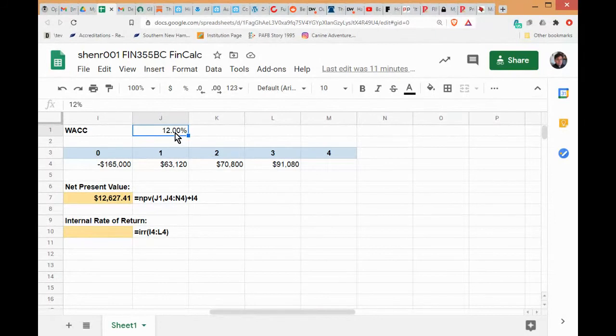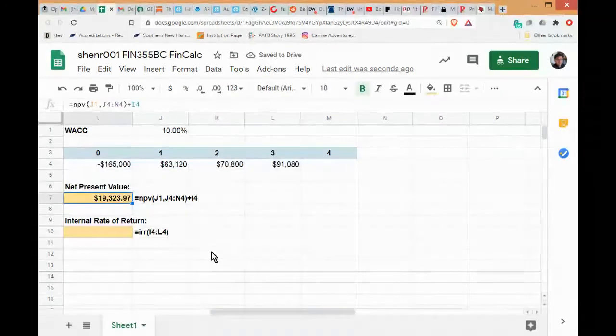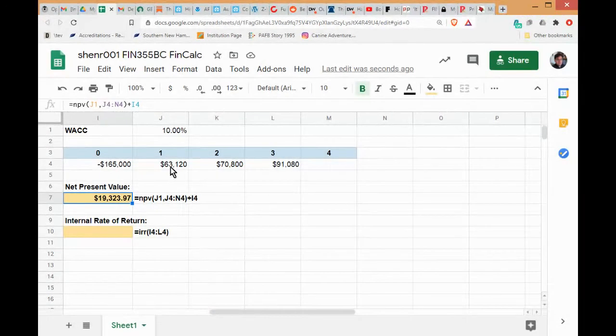If we change this discount rate to, say, 10%, probably not a big surprise that the net present value goes up. Why? Because with a lower discount rate, these future cash flows have a higher present value. They're worth more. If we change the discount rate in the other direction to, say, 14%, the net present value becomes smaller. Again, with a higher discount rate, those future cash flows are less valuable today than they were before.